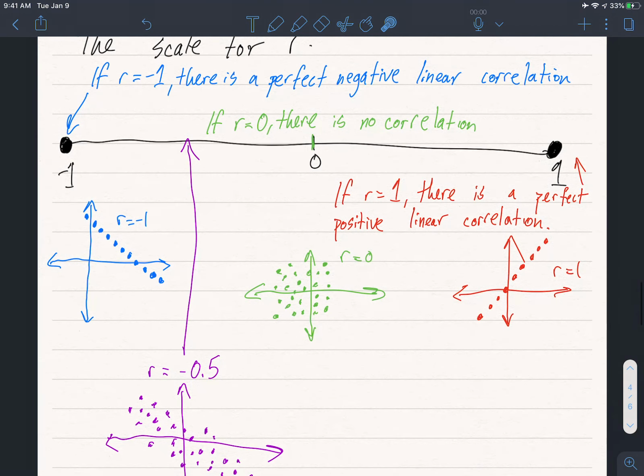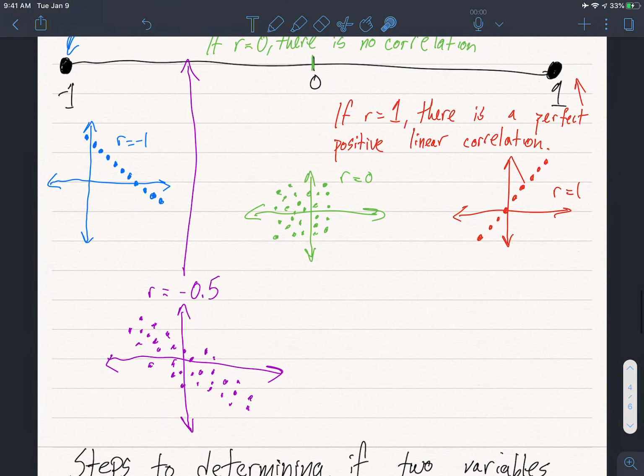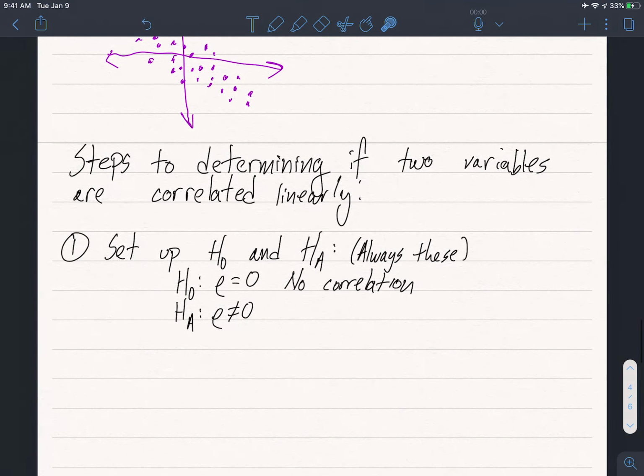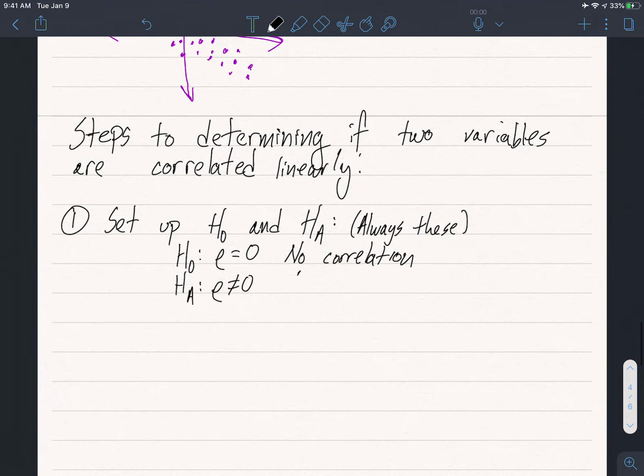That means we're just not equal to 0. We're in one of these other cases. Maybe rho equals -1. Maybe rho equals -0.5. Maybe rho equals +1, right? Anywhere along the line except for 0. If rho is not equal to 0, that means that they are correlated, right?